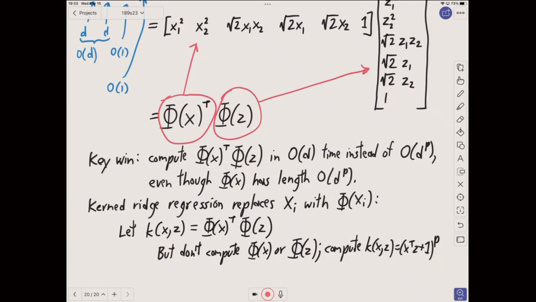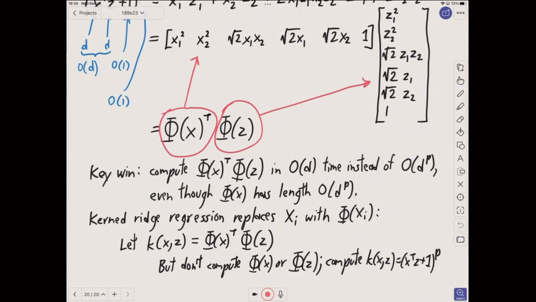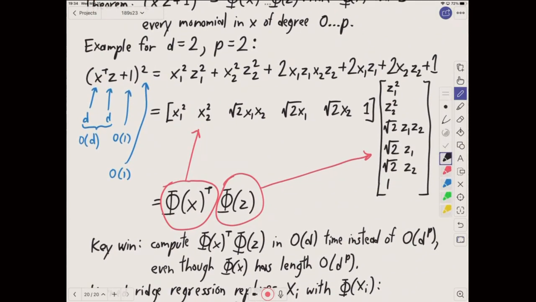Any more questions about that? Yeah, the kernel function always does compute a scalar.